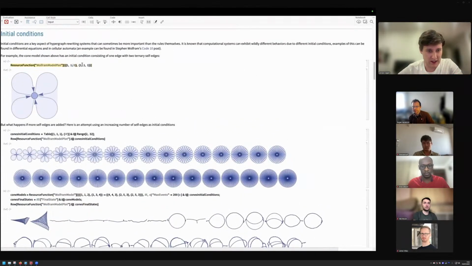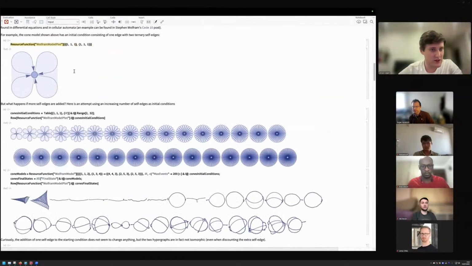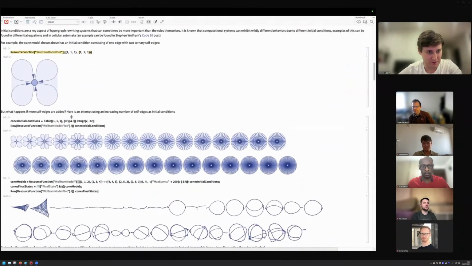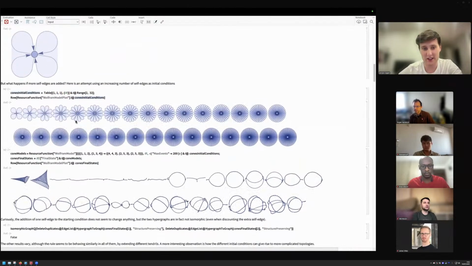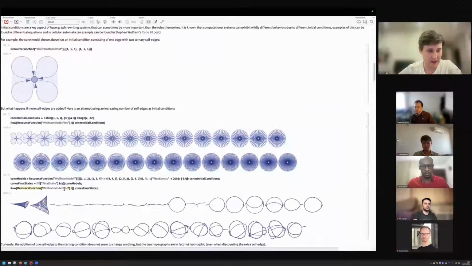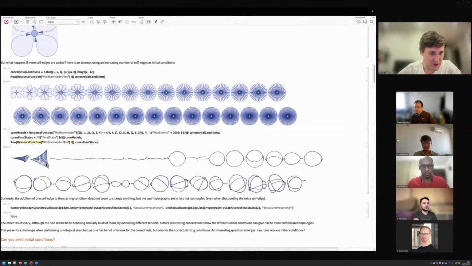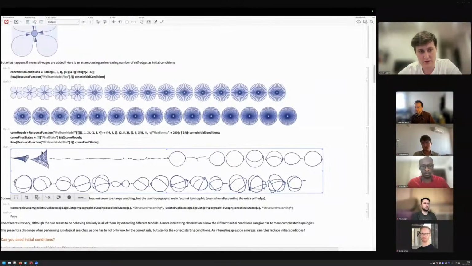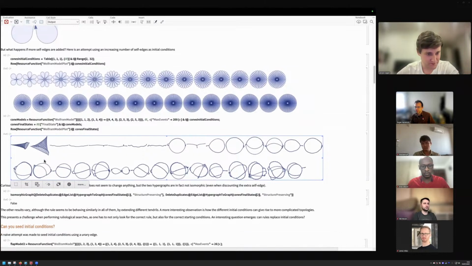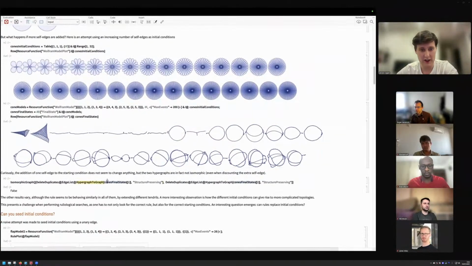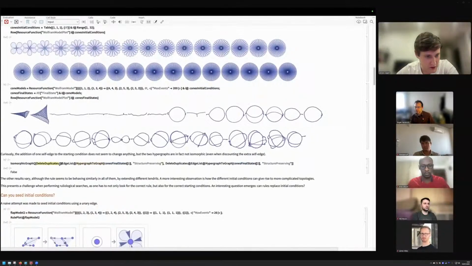So, moving on, this was part of my project. Again, I tried exploring initial conditions, just running some quick experiments. One interesting thing is that I used all these different initial conditions for the same cone rule, and for this initial condition with just one extra ternary self edge, it actually makes something that still looks like a cone, although they are not isomorphic, even after doing some trimming, removing self edges and stuff like that.